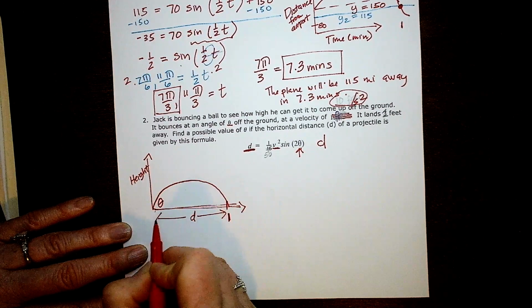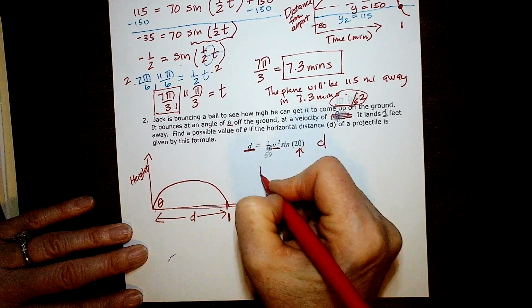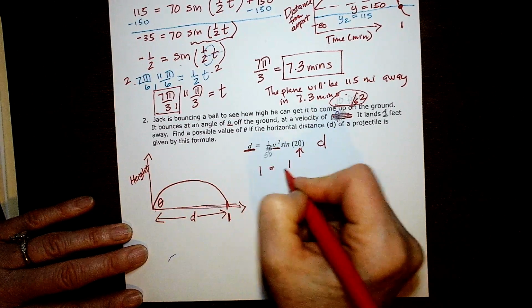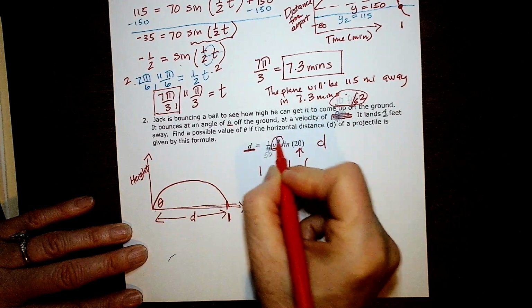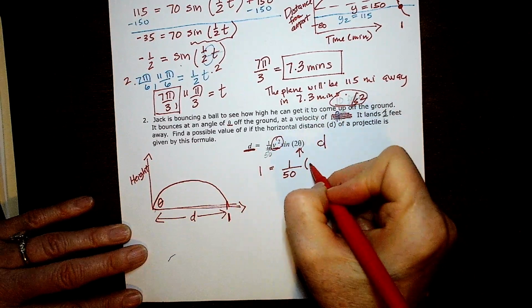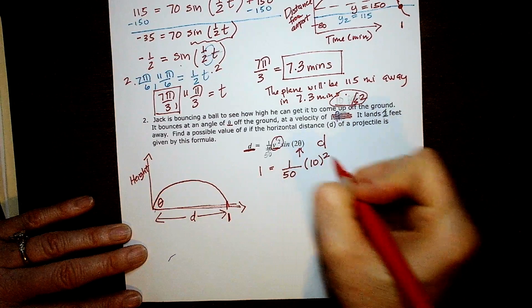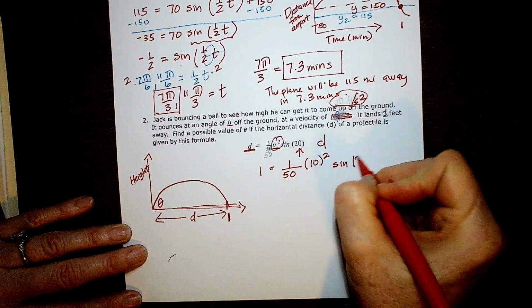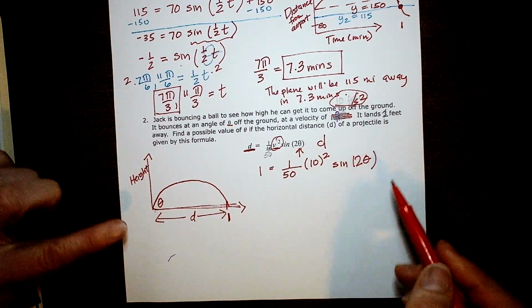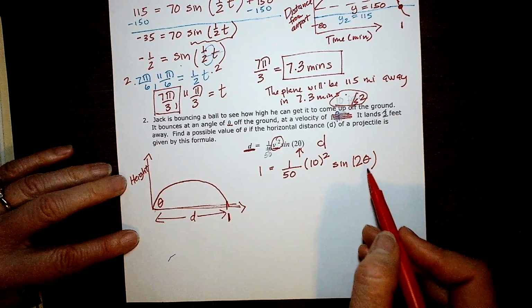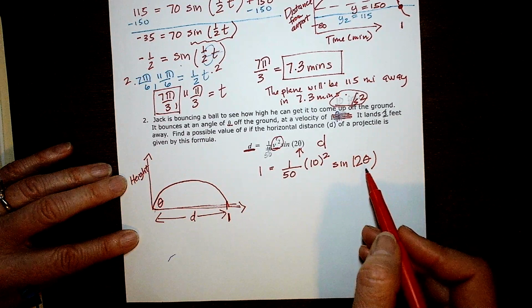They've told us that the D value is 1. So I'm going to plug in 1 equals 1 over 50. Now, they've told me the velocity is 10 feet per second squared. So I put in 10 squared sine 2 theta. So you have the question, you plug in your variables, and now you solve for theta, just like you know how to do.